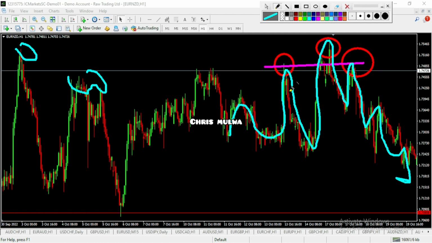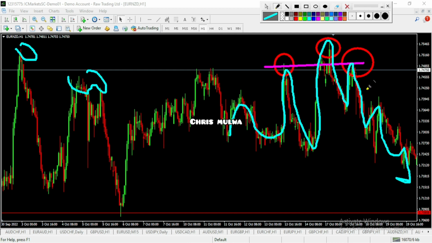This means that the quote currency is gaining strength, and it is now overpowering the base currency. That is why the movement is being rejected by a strong zone at this point. Remember, this is caused by transactions that we have on a daily basis.